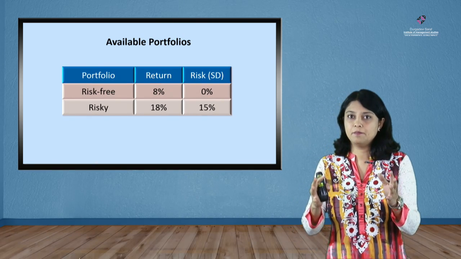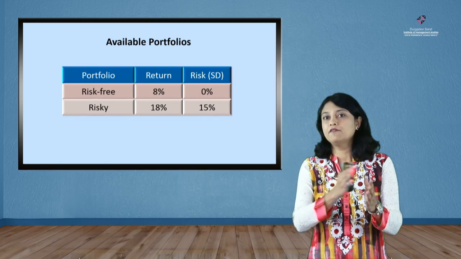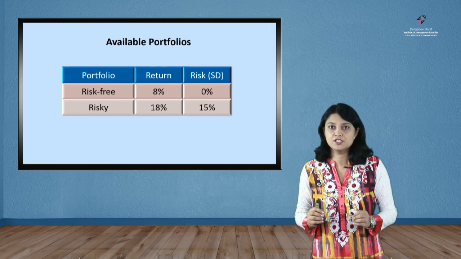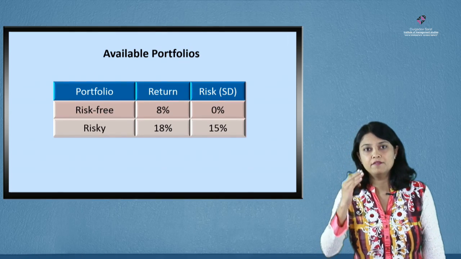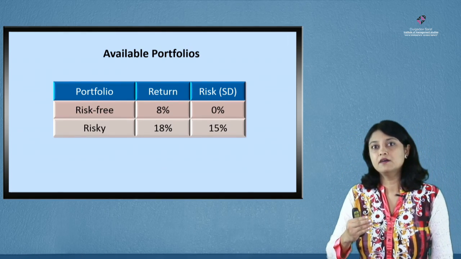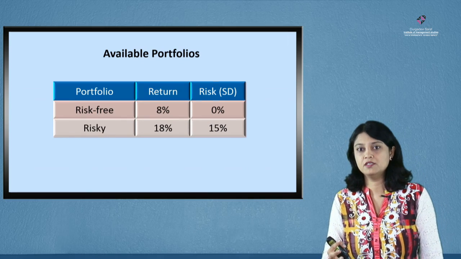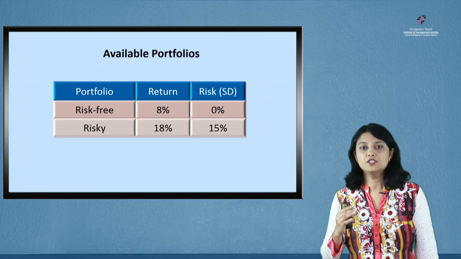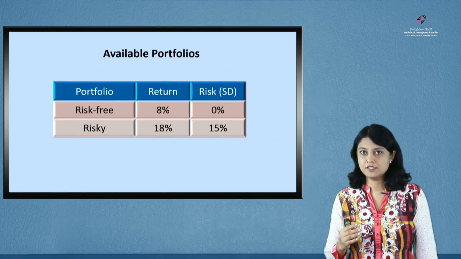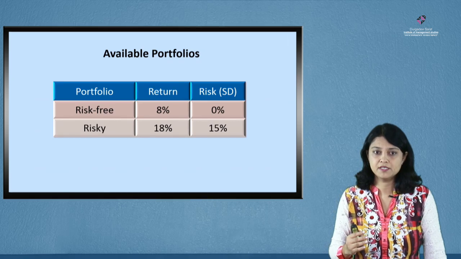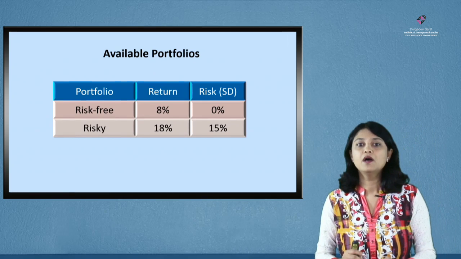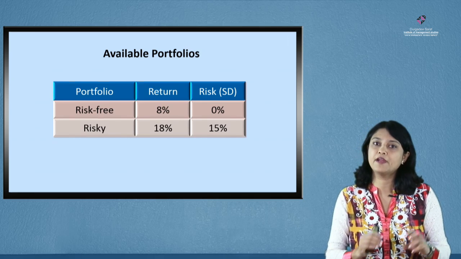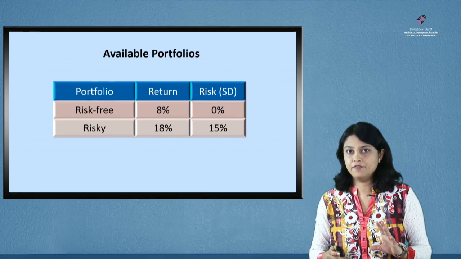When I hold a particular portfolio for a period, after this holding period, I am getting some R percentage of return. So, that is return, and when I measure the deviations in this return using standard deviation, I would call it a measurement of total risk in my portfolio. So, risk here for the risk-free portfolio is 0, return is 8%, and for the risky portfolio, we are presuming it's giving you a return of 18% with the risk of 15%.